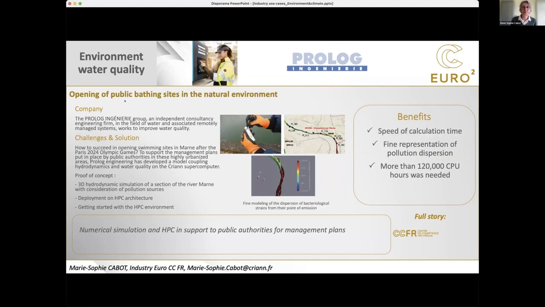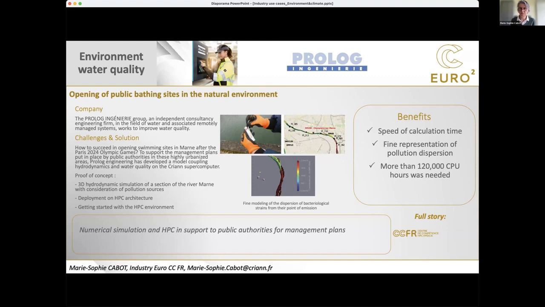The next POC concerns water quality management, and the product engineer is a major consultancy agency because they were created in 1980, if I remember, and they are specialized in water management.